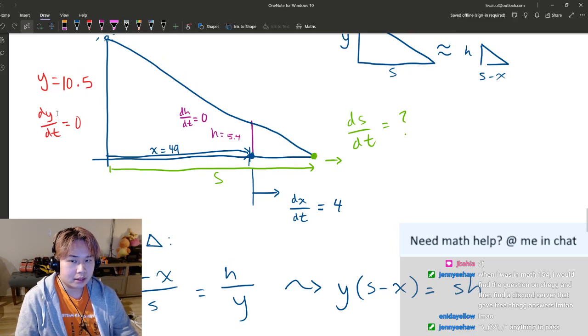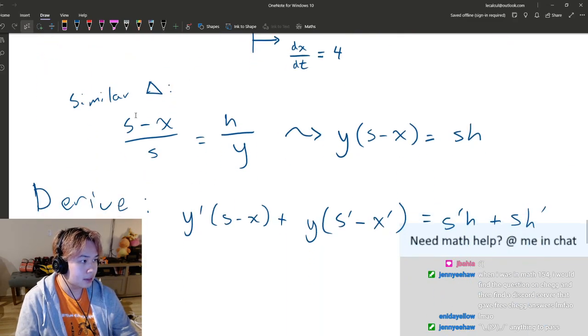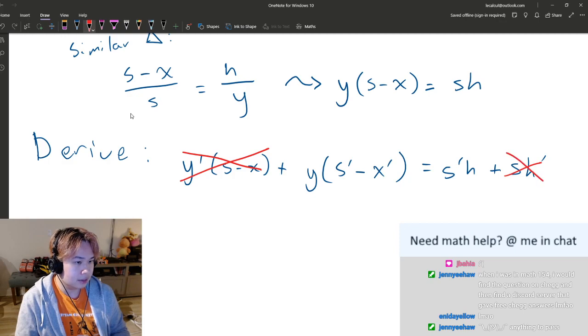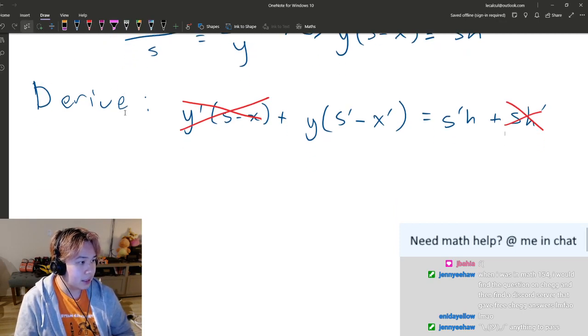And then y prime and h prime are zeros. So similarly, this cancels out, and this one cancels out. So we still have this setup where we actually don't need to know what s is.